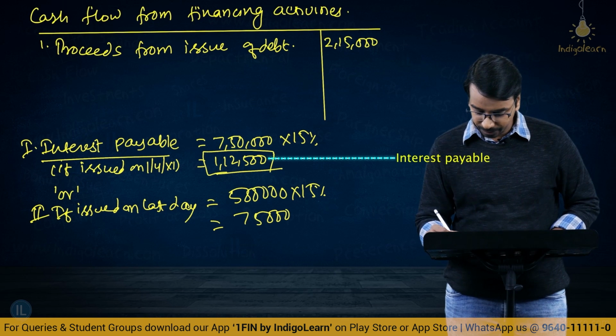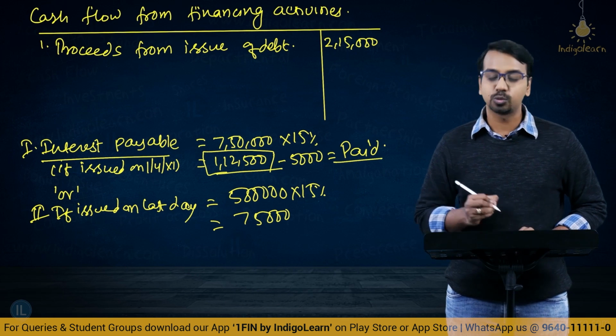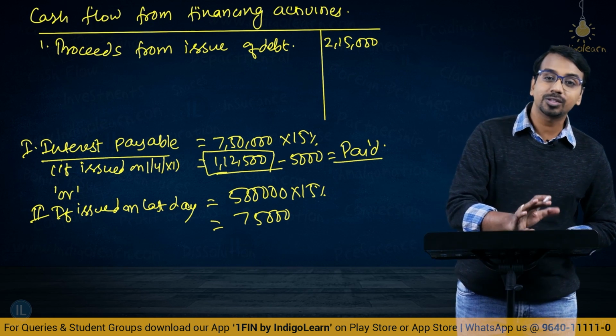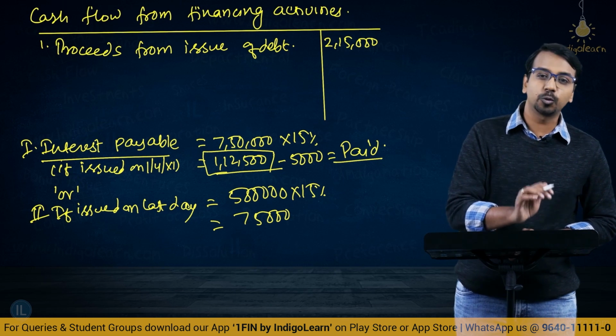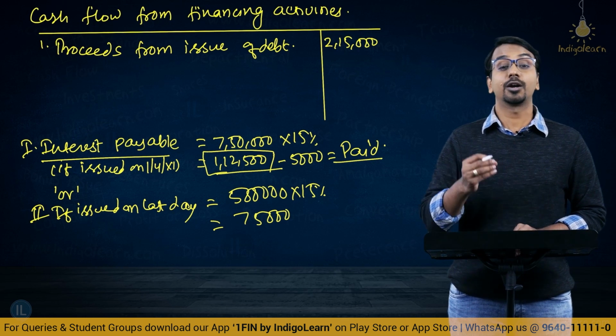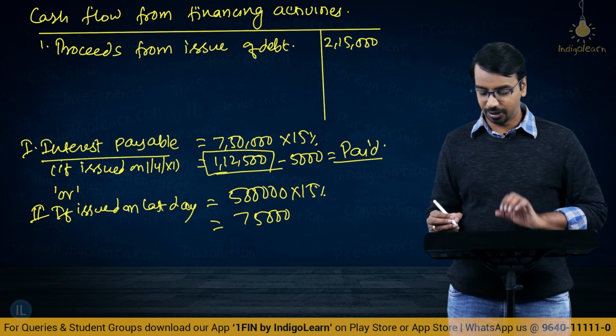In effect, I would have paid this minus 5,000. This is what is paid. 1,12,500 is the total interest expense for the year. This is what you will charge to P&L. But how much of that is paid? 1,12,500 minus 5,000, which is 1,07,500.